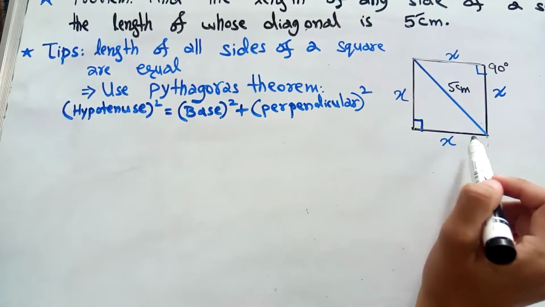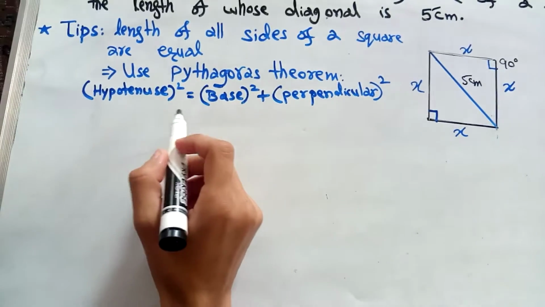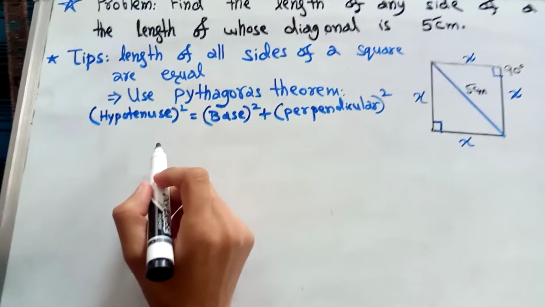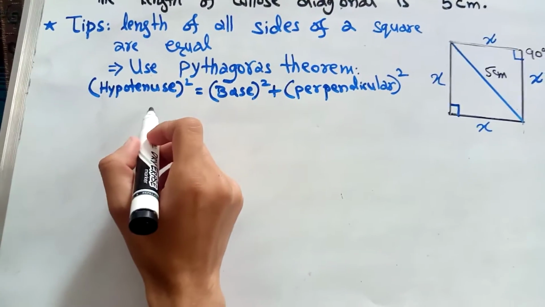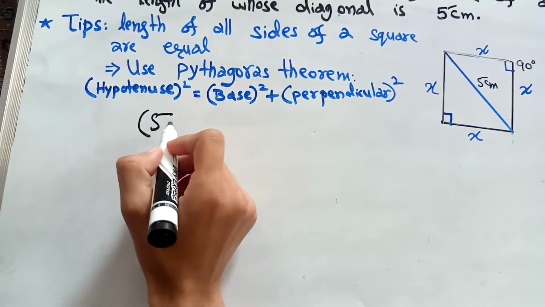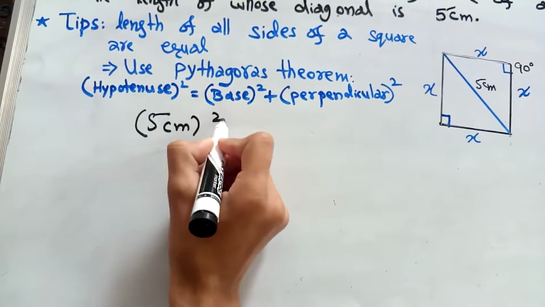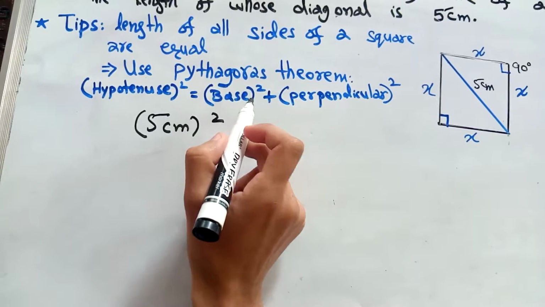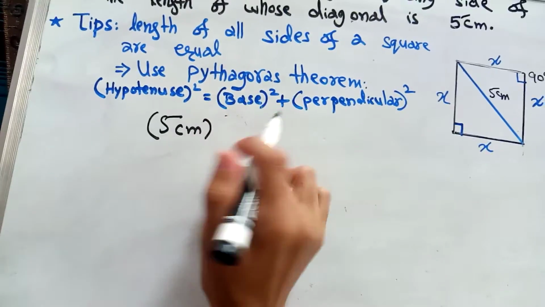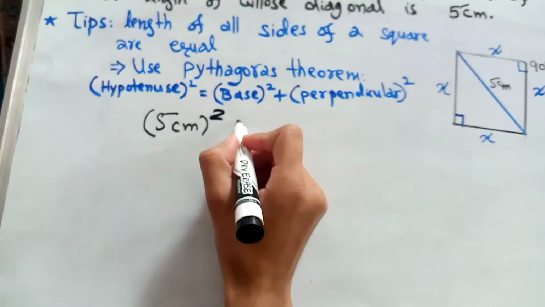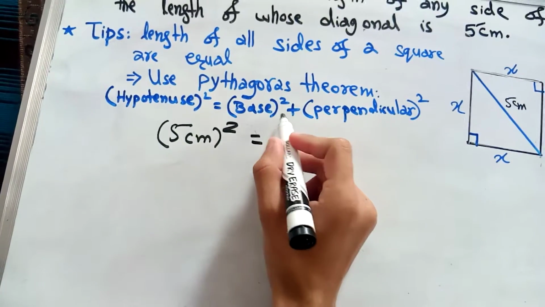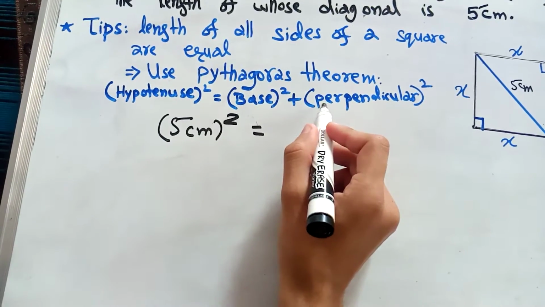Okay, so let's check it. So we have here the value of hypotenuse as 5, so 5 centimeter square, equals base square plus perpendicular square.